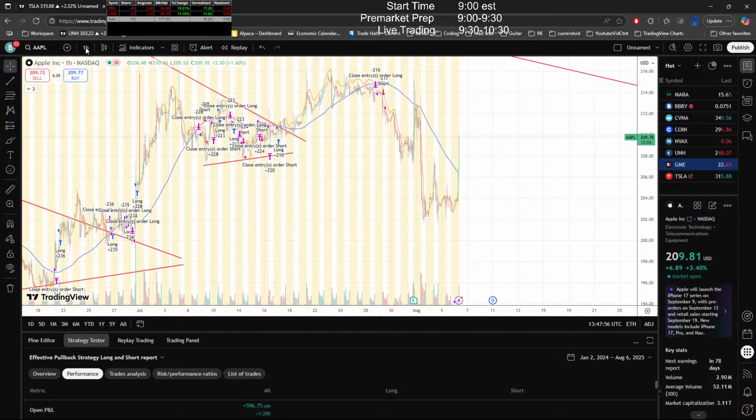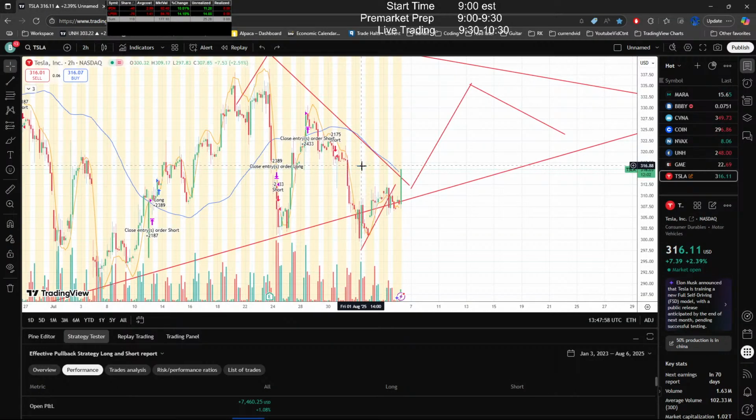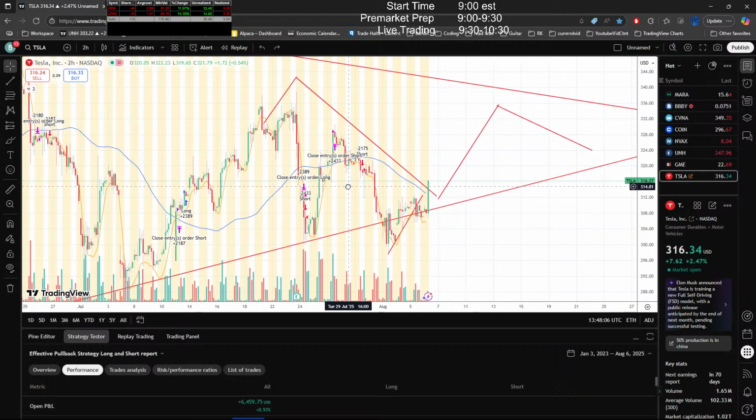Let me take a look at the algo on that. So here's a swing trade algo. It is still short from 318. It doesn't always make the best decisions though. I would have covered it into that trend line and maybe just wait for the long entry on it now.